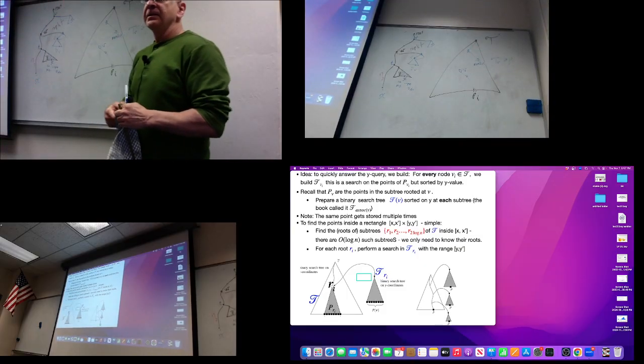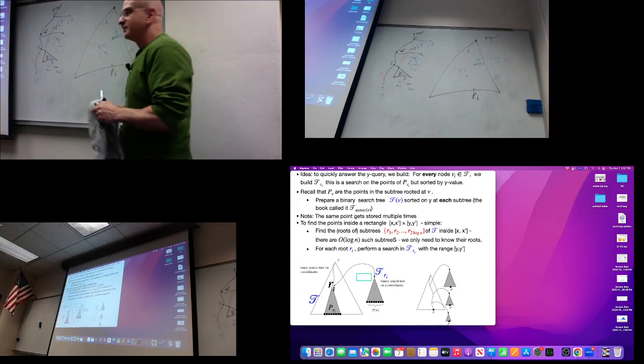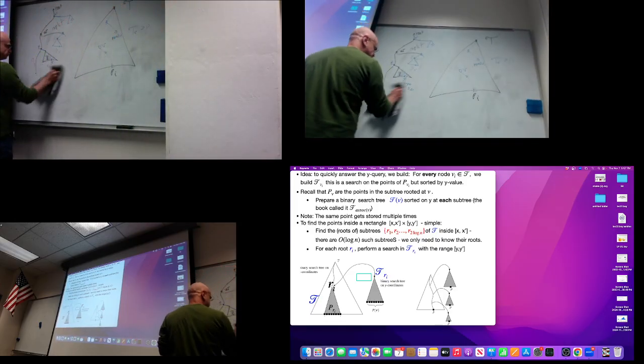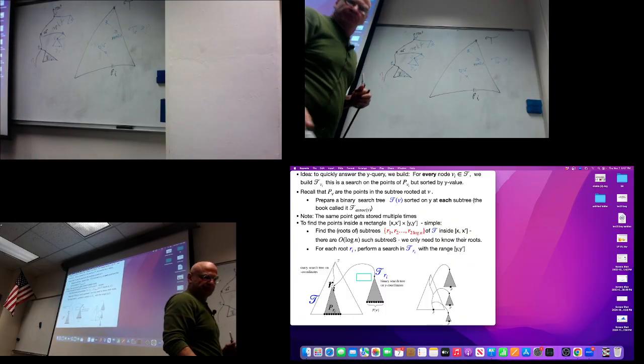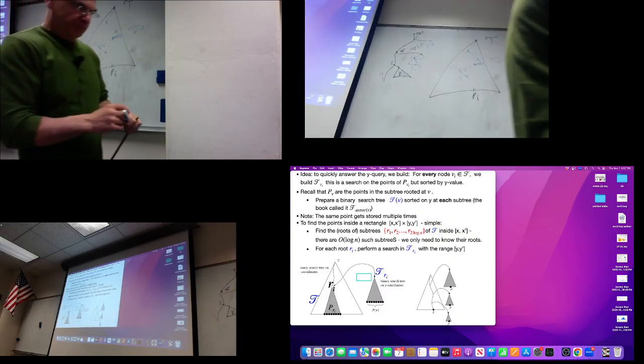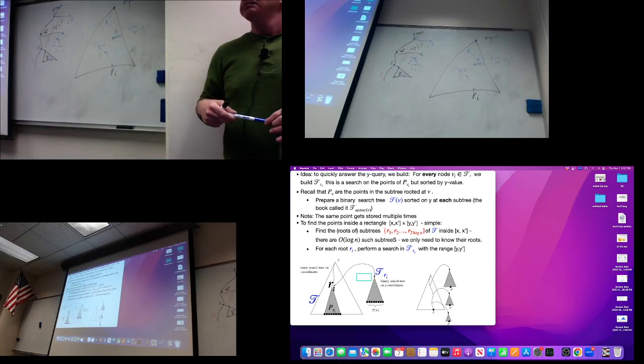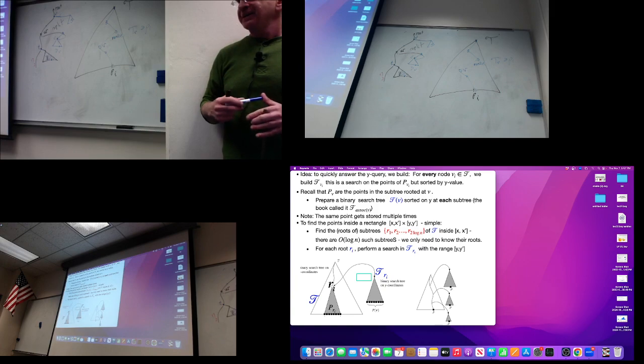So it's less than n squared. That's also pessimistic.